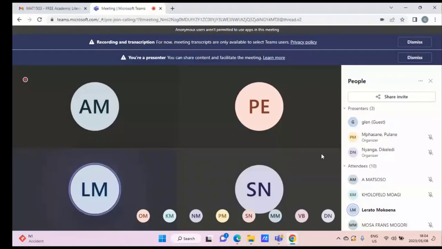Lerato, what's wrong? Can someone help Lerato out? Your second row, or everyone's second row, is 0, -1, 1, minus 6, and 3.